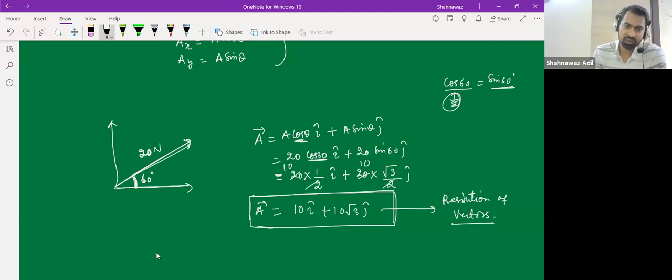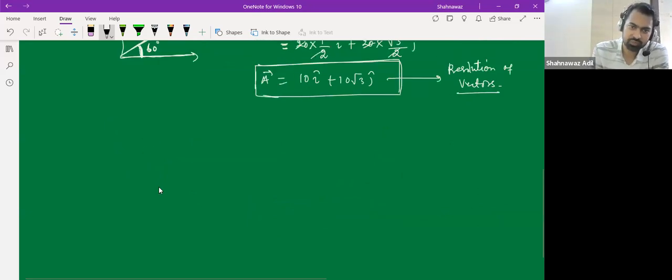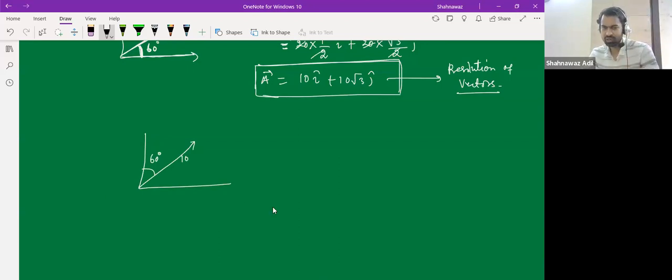If you have an angle, let's say this is 60, and then this is, let's say, 10, can you please quickly tell me what would be the Cartesian form of this vector?